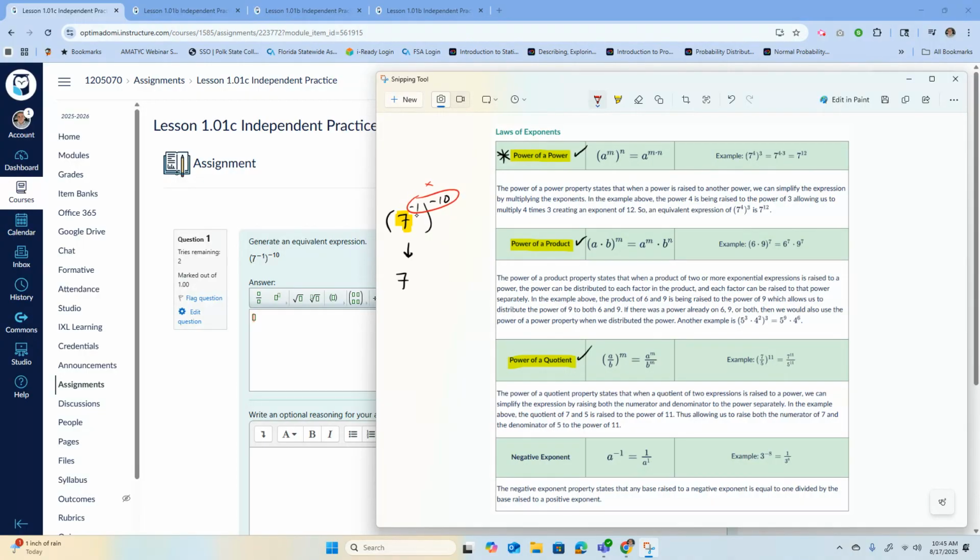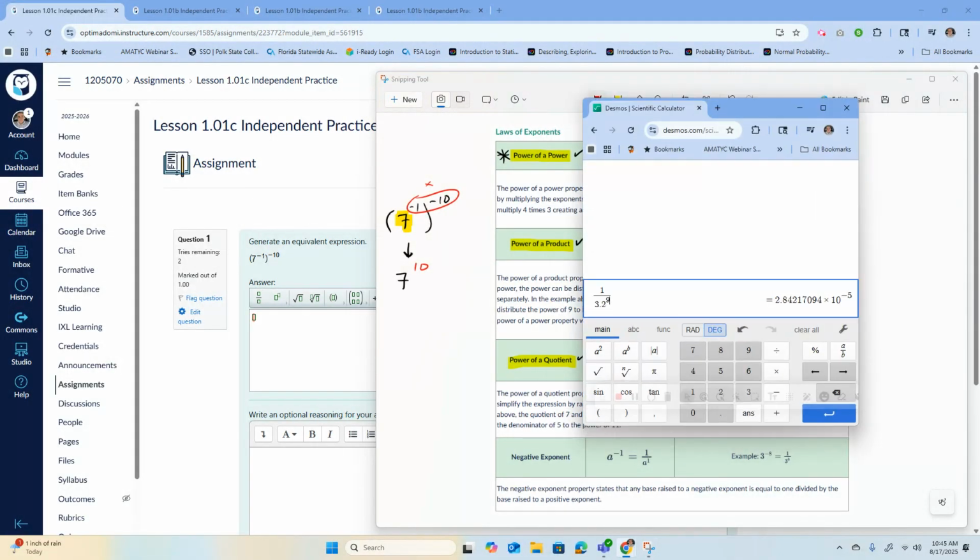Using your calculator, -1 times -10 is +10. And that's my answer. Don't try to use the calculator here, like I mentioned in the previous lesson. If you use the calculator for 7 to the power of 10, you're going to get a big number, most likely written in scientific notation, something we're going to learn later on.